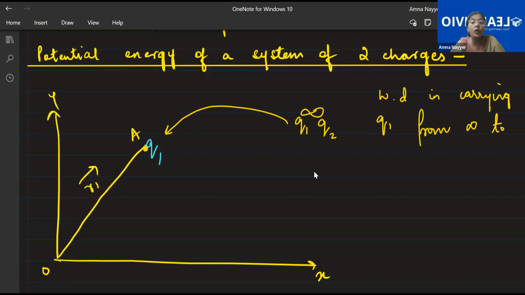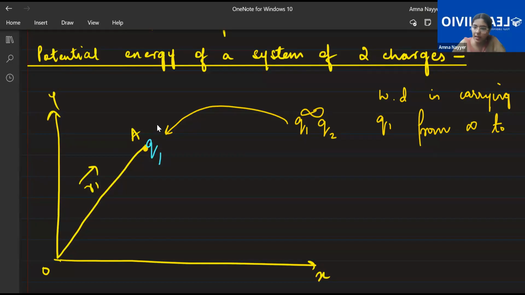Check it from force. Now see, Ubaidullah, when nothing is present, only Q1 is coming. Will Q1 be able to exert any forces? Yes or no? Okay, come to Coulomb's law. K Q1 Q2 by R square is the formula. You need minimum two charges for force. So there isn't any force in your system.